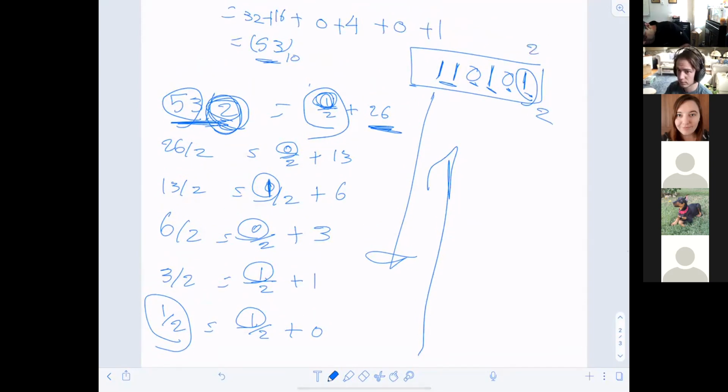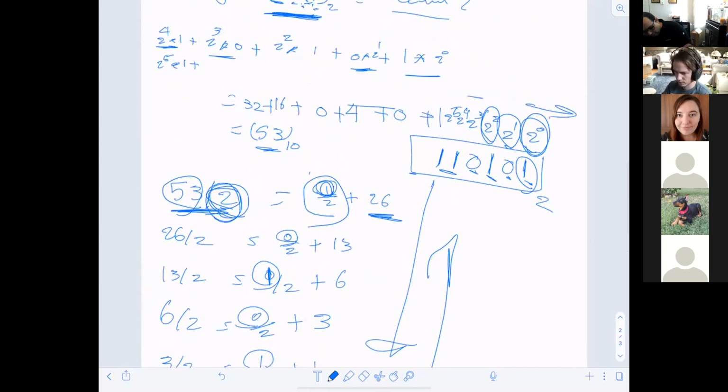Do you remember the idea of 2 power 0, 2 power 1, 2 power 2, 2 power 3, 2 power 4, 2 power 5, and so on? This is the least important compared to this. This is lower, this is higher, and so on. So it's up to you.